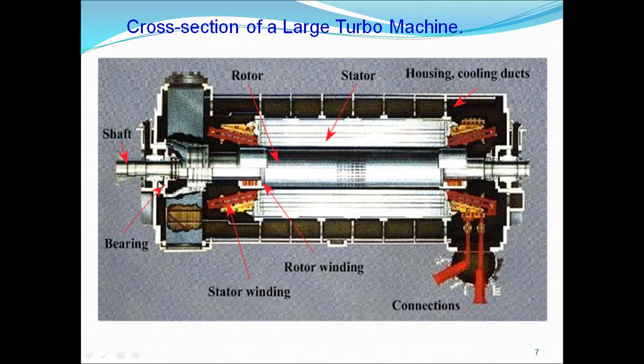And this shows the bearings. As we know, the rotor is rotating. How does it rotate? The bearings will be there. If you see our two-wheeler or bicycle, how are the tires rotating? They have bearings, and on those bearings it is rotating. Any rotating part must contain a bearing. And this one is the rotor winding, and this one is the stator winding.